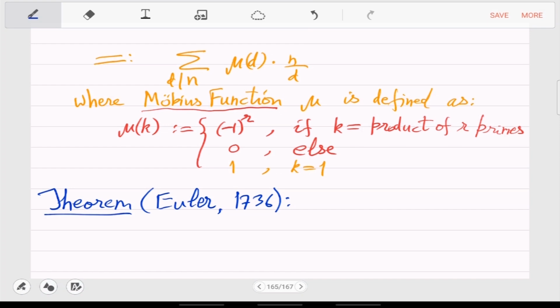So Euler's theorem says that for all a which are co-prime to n, a to the phi n is 1 mod n.